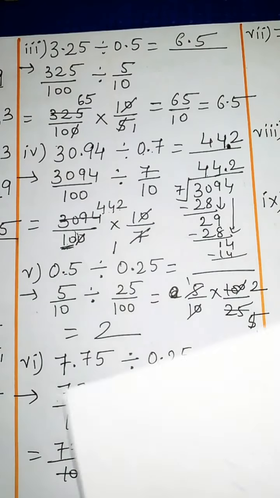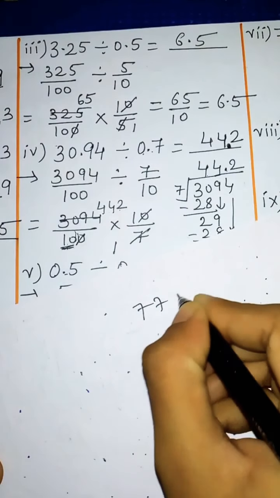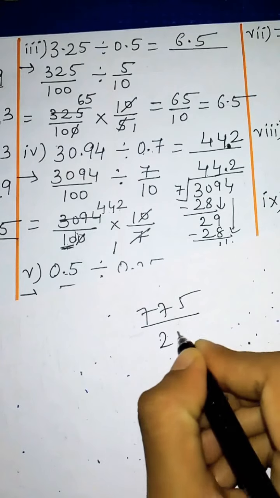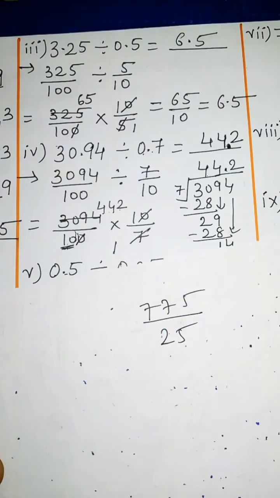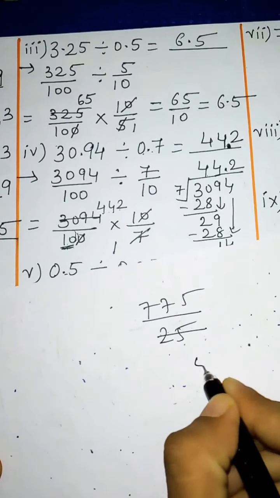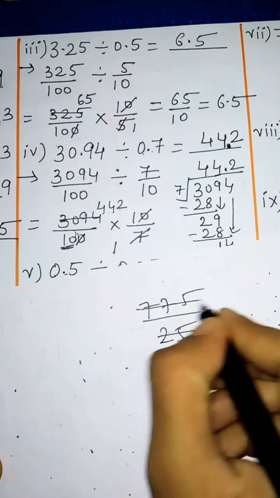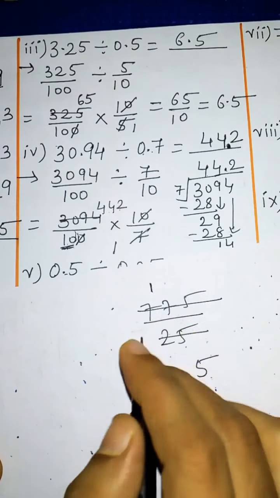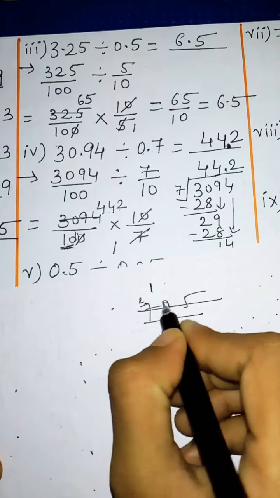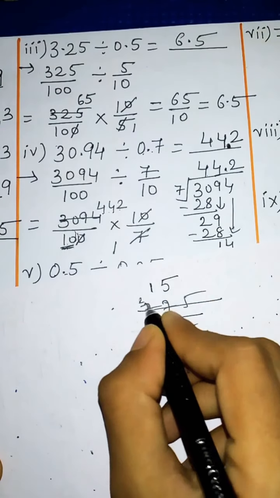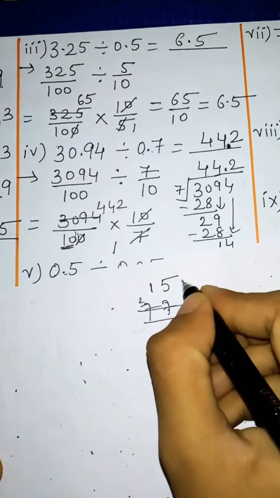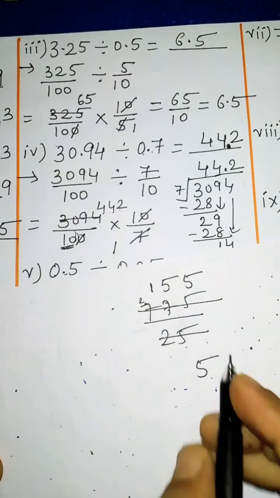So 775 and 25 is left with us. Both cancellations are possible with the table of 5. So 5 5s, here 5 1s 5, 6, 7, 2 is left. So 27 means we will take 5 5s 25. So again 2 is left. So again 5 5s.